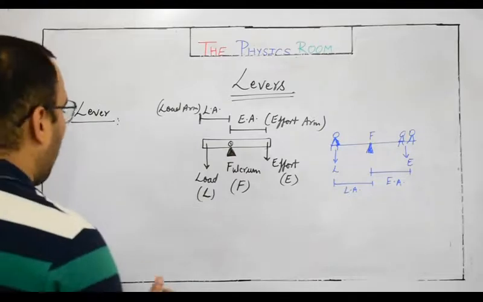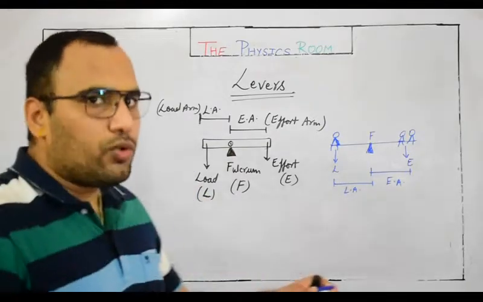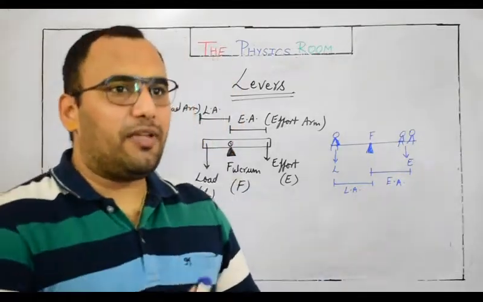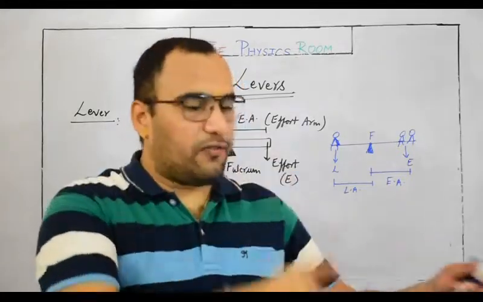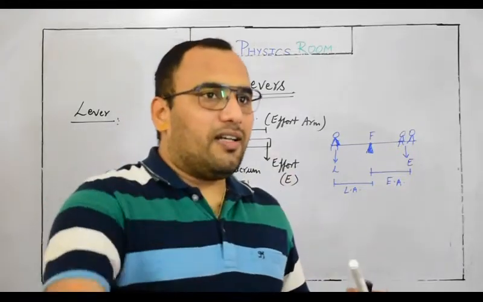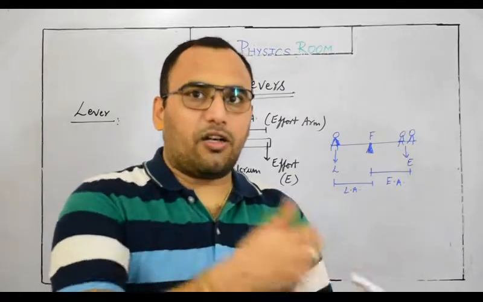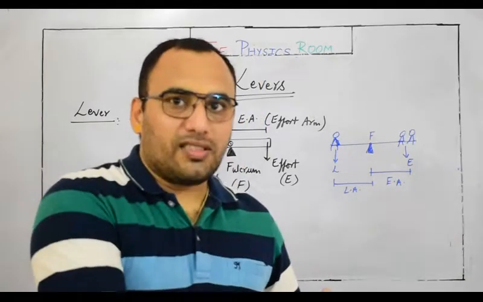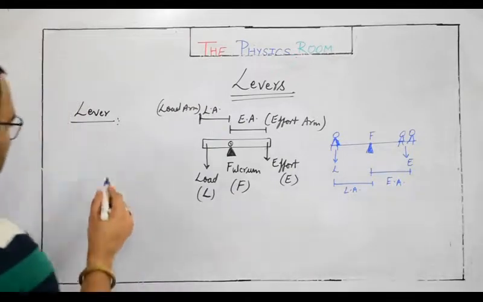Another example is the crowbar. Let me tell you a simple experiment: suppose you have a very heavy table or box at home and you want to lift it up. Your elders use a simple technique: they put an iron rod or a very strong wooden rod just below the box, and with the help of a brick they lift it up.